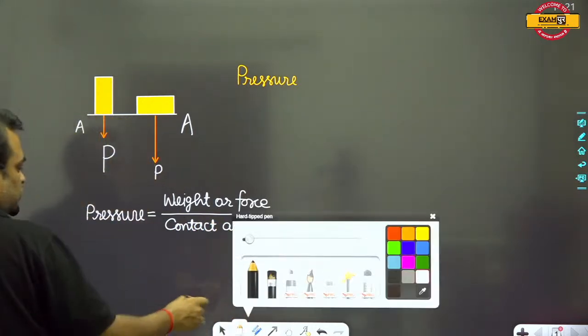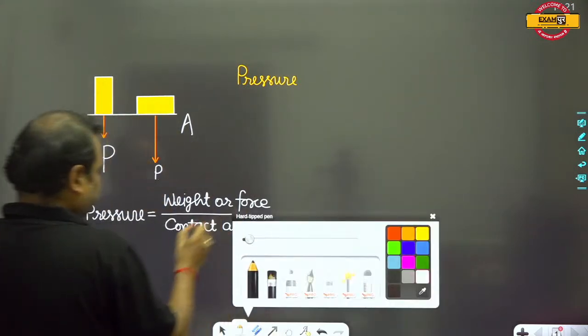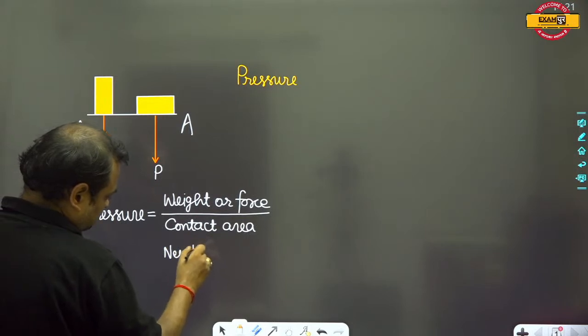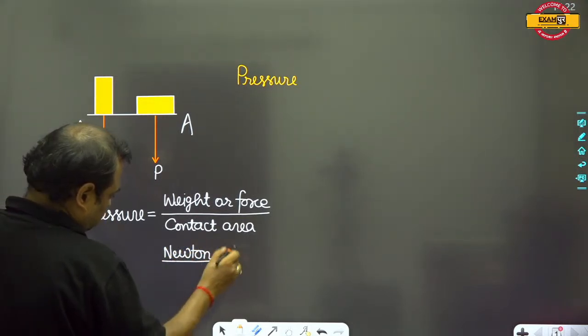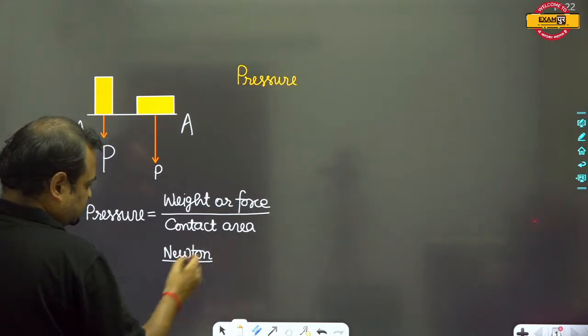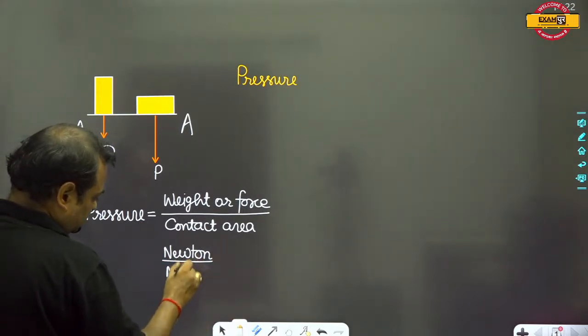The unit of weight or force is Newton, and the contact area is meter square.